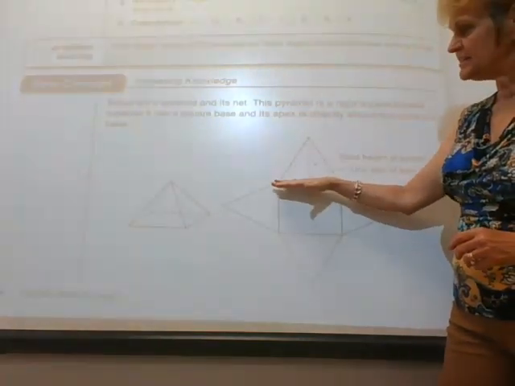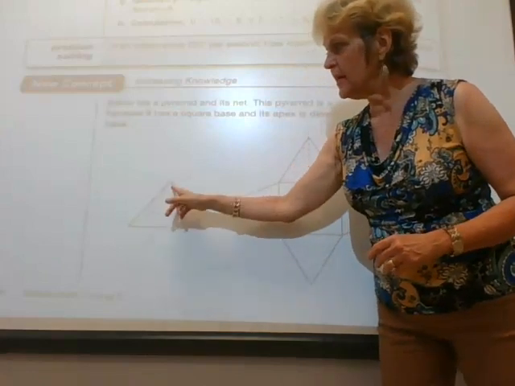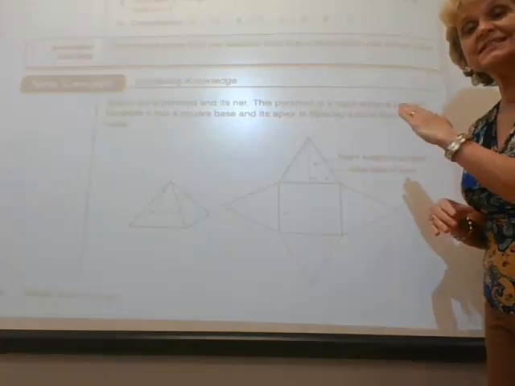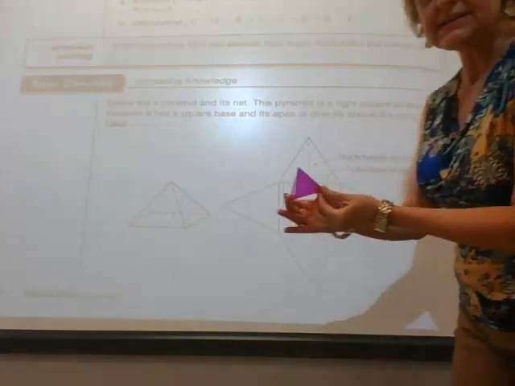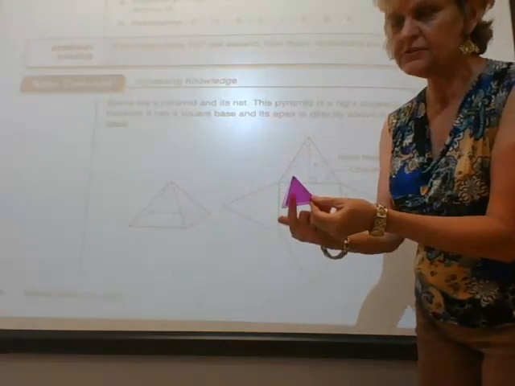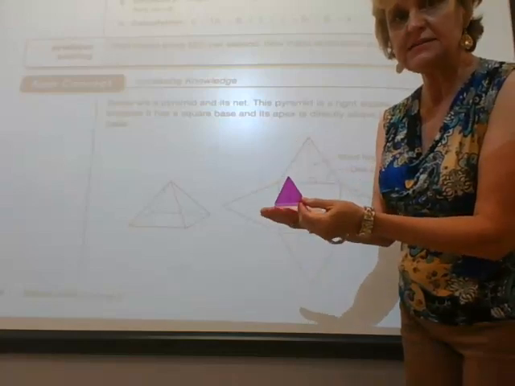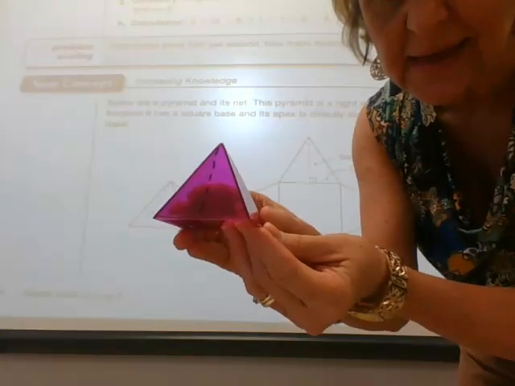Its base will be the dimension here, but the height of this triangular face will actually be the slant height of the pyramid. Because think about it, it's tilted. So it's not the true height that's perpendicular from the apex to the base, it's the slanted one. Let's see, can you see that?